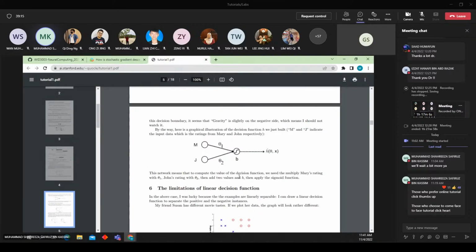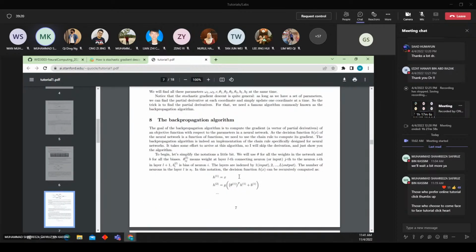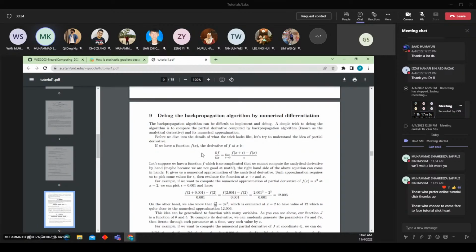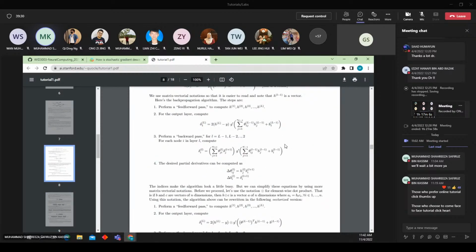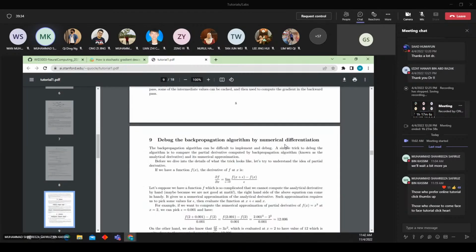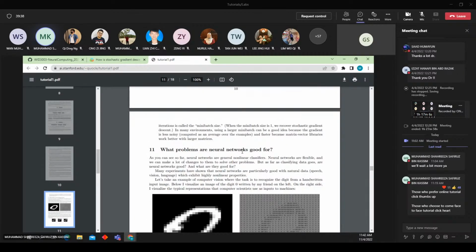In this tutorial, there's a lot of discussion about the backpropagation algorithm. If you have time, have a look at it, including how to debug the algorithm by numerical differentiation. We'll do backpropagation this week as well. And what are neural networks good for?